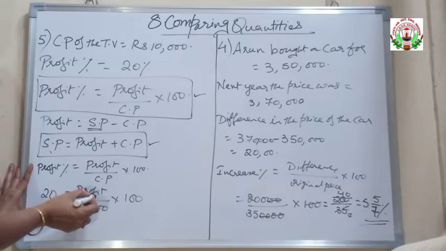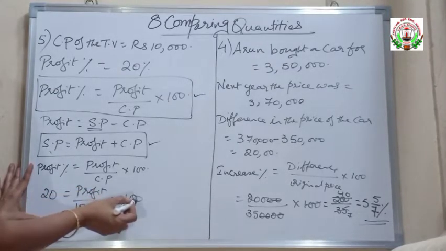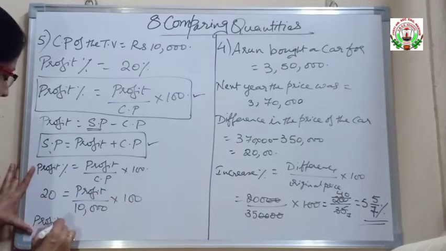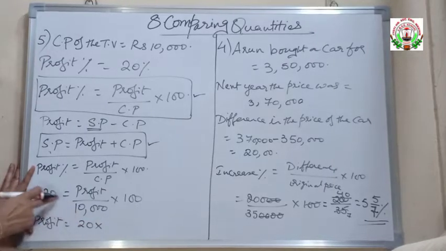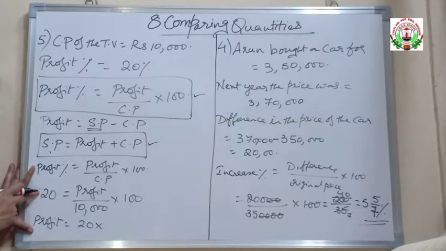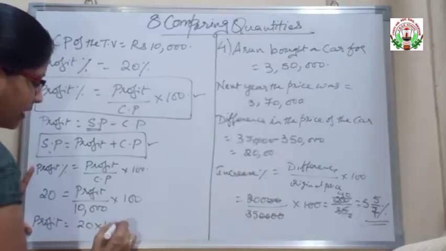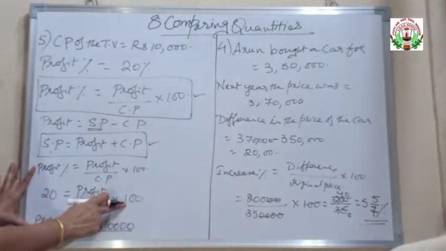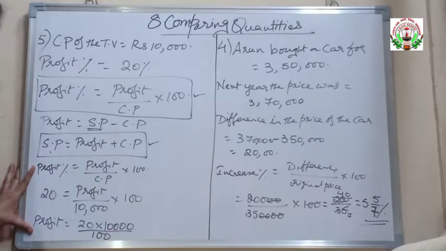We have to find this profit. So I am taking this 10,000 and this 100 to the other side. So profit is equal to 20 into, because here it is in division, if it goes to the other side it becomes multiplication. So 20 into 10,000 divided by, because here it is multiplication, when it goes to the other side it becomes division, so into 100.